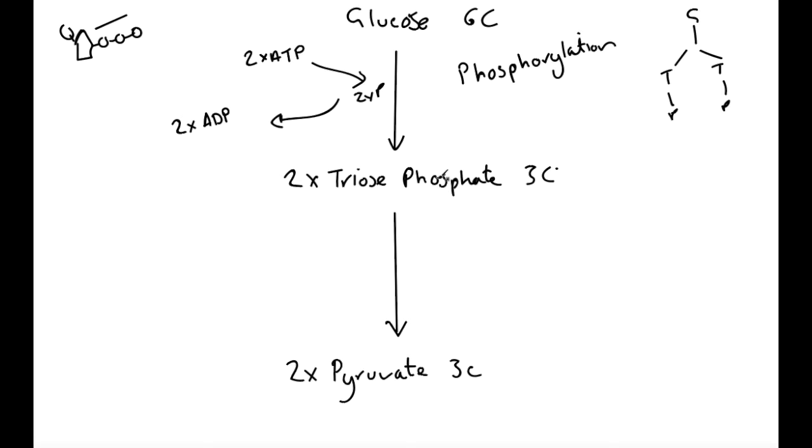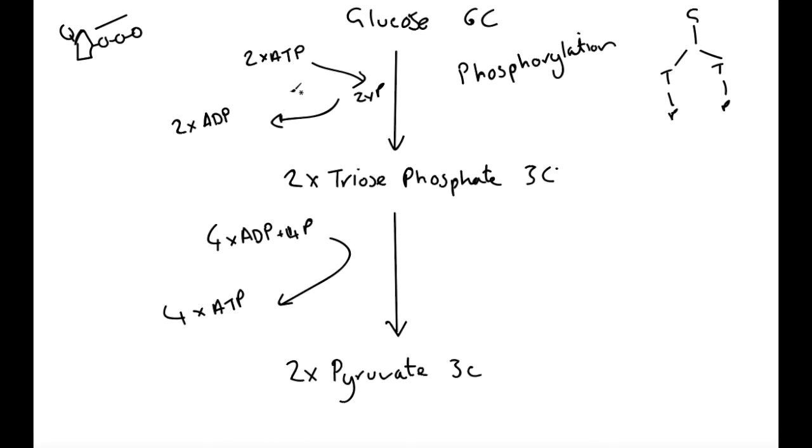And the transition from the triose phosphate to the pyruvate takes place here, and you have 4 times ADP plus 4 P going in, and what you get here is 4 times ATP. Now, it's important to note that you've got 4 ATP here, but you've used 2 ATP.